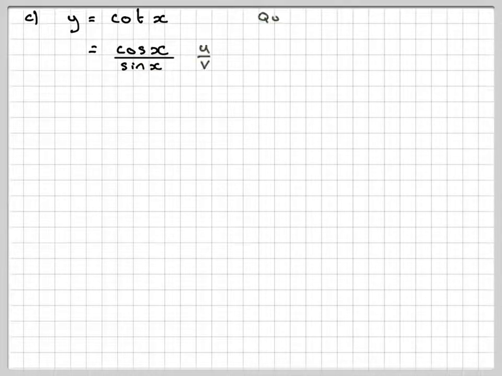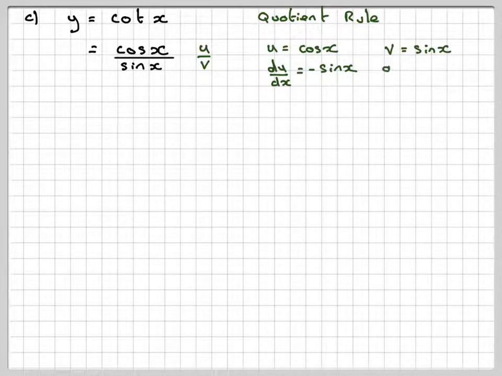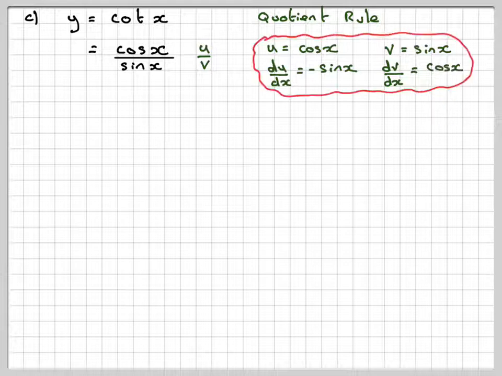Then finally, to do y is equal to cot x, we write this as cos x over sine x, so this is type u over v, so you use the quotient rule. So we let u be equal to cos x. If we differentiate cos x, we get minus sine x, and v is equal to sine x, dv by dx will be equal to cos x.